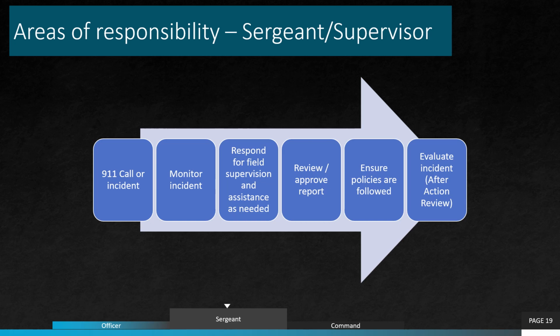So they'll listen and see if they're ever needed to respond to the scene for any kind of supervision, or if they need any assistance or additional units. Ultimately, they hear that the officer is going to clear and there's going to be a report written, so they're going to look for that report.